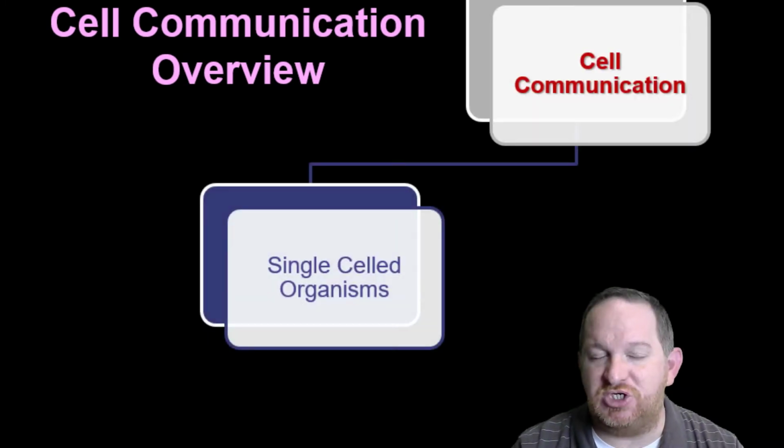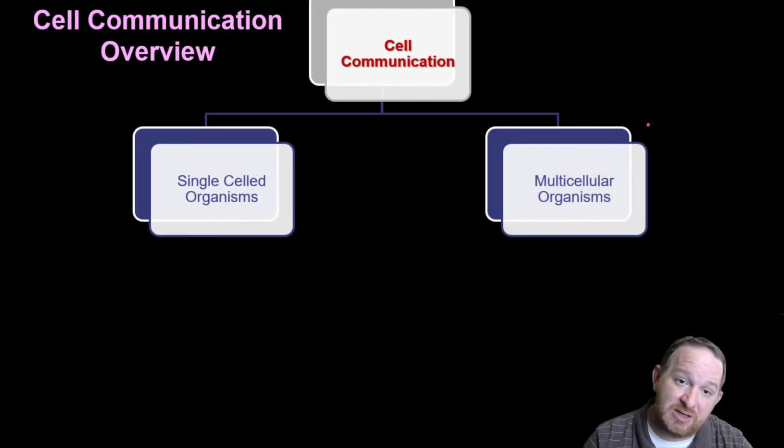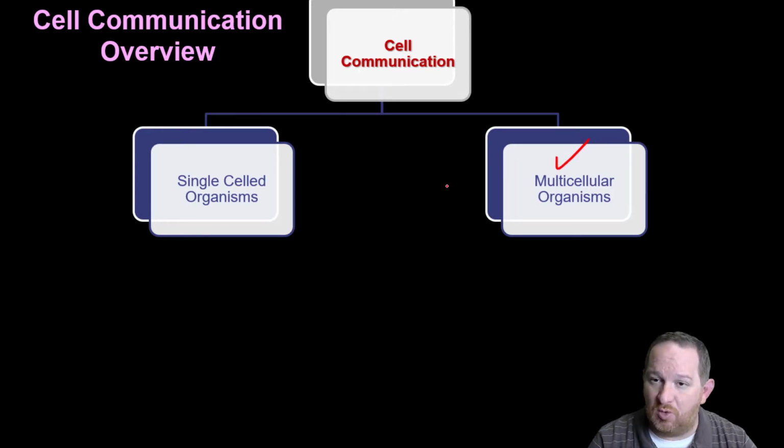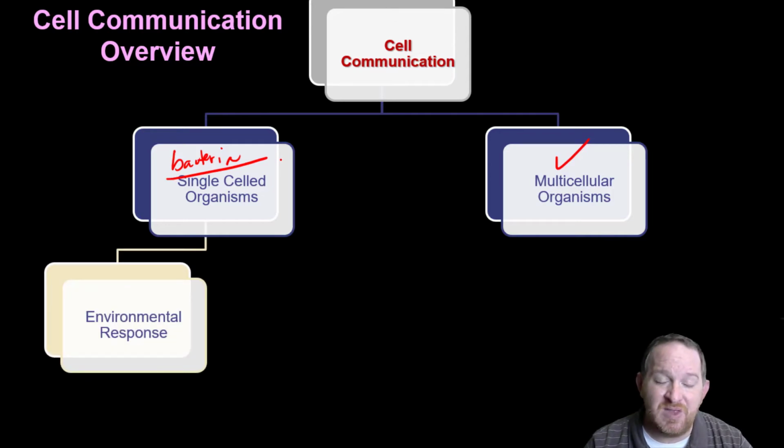So I've sort of broken down cell communication into single-celled organisms and then multicellular organisms. Obviously, we are multicellular organisms, but at the beginning, I was asking about bacteria, some single-celled organisms. How do they communicate? Well, for bacteria, single-celled organisms, it's mostly about environmental response.